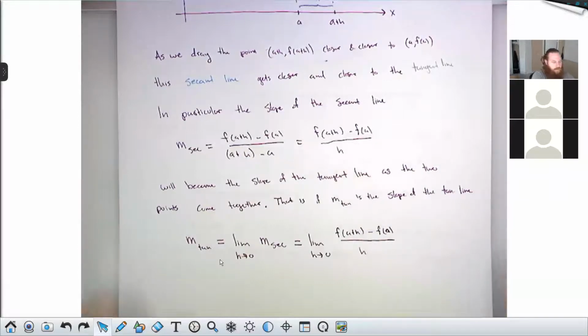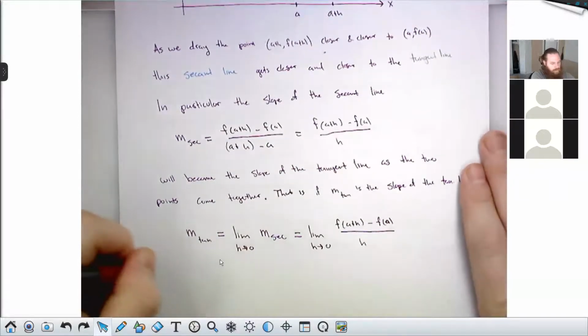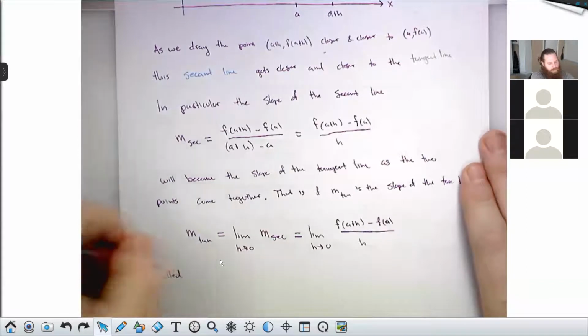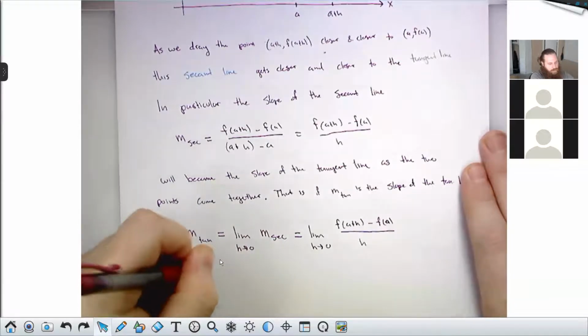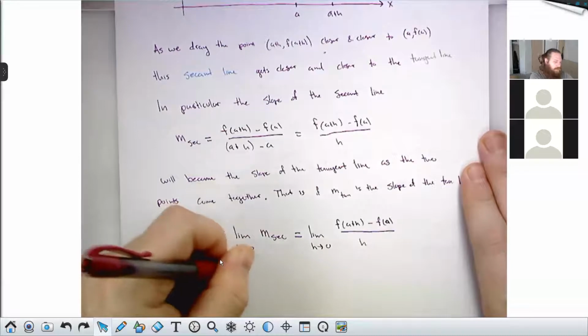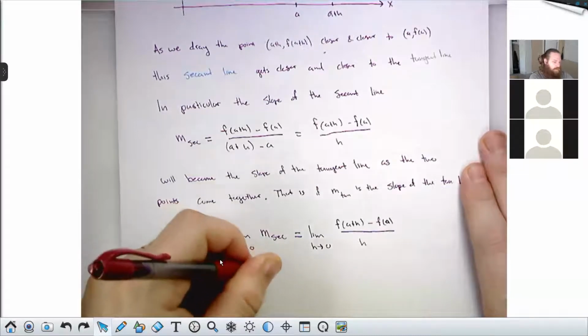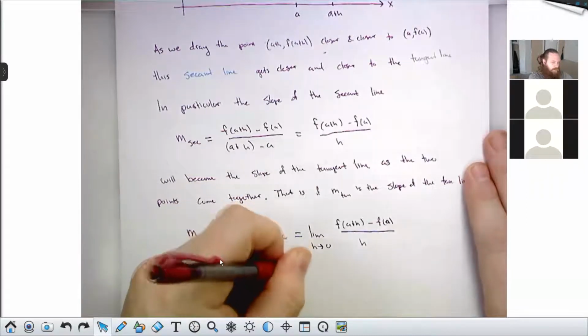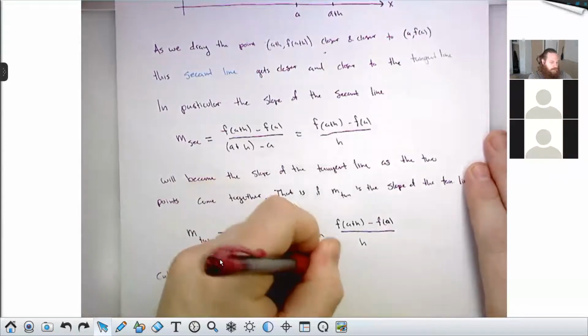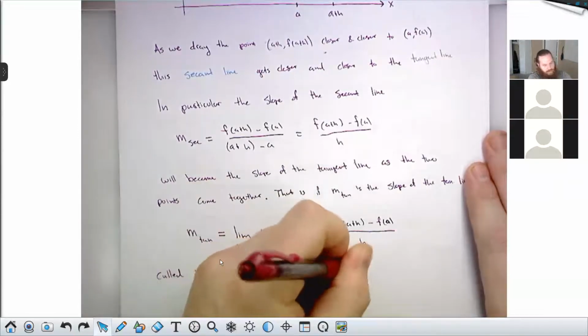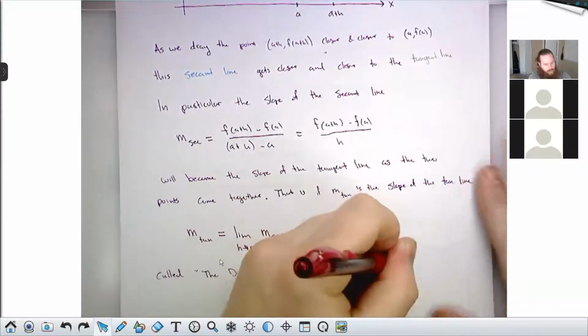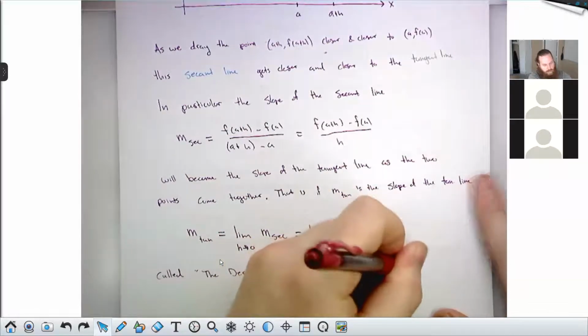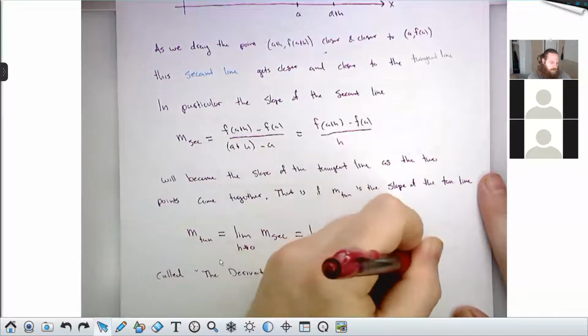And we call this the derivative of f of x at x equals a, or f primed of a for short.